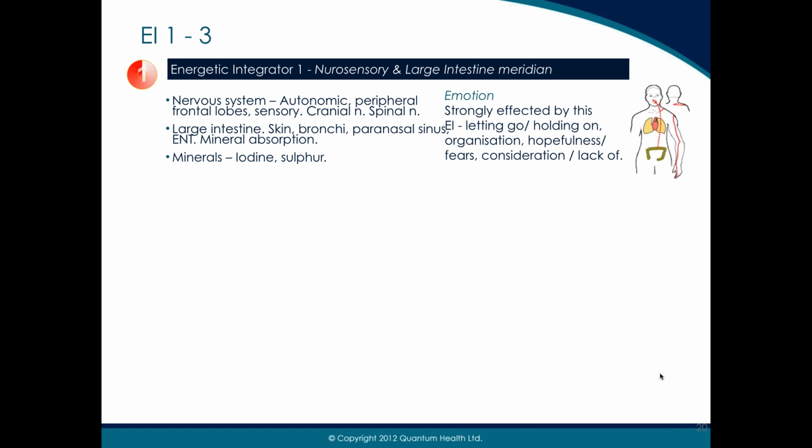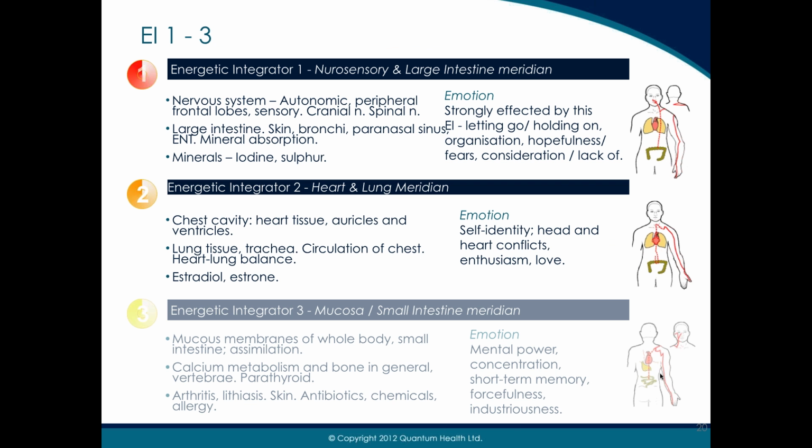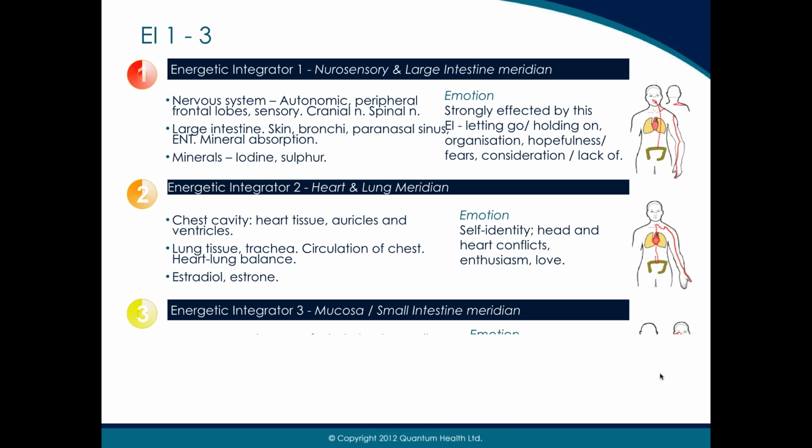It's much, much more. So when you talk about the meridians, we go together from integrator 1, neurosensory, large intestine, to the heart, lung meridian, to the small intestine meridian, and so on.